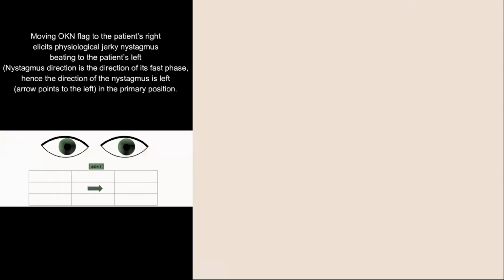Let's summarize: if you are moving the optokinetic strip to the right, this elicits right smooth pursuit following the stimulus, followed by a quick fast phase to the left. This is called jerky nystagmus, and the direction is to the left because the direction of the nystagmus is the direction of the fast phase.